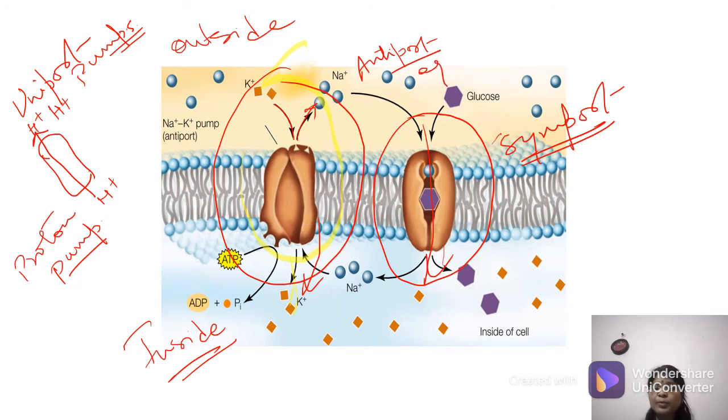You can give the example of the sodium potassium pump. Symport, you can give the example of glucose and sodium being transported together, and uniport is your what? Your proton pump. Okay, so these are the different pumps, and remember, they are all examples of active transport.